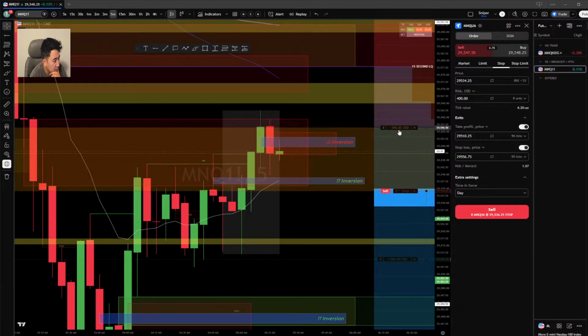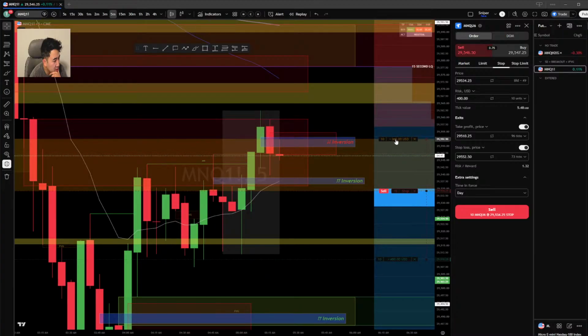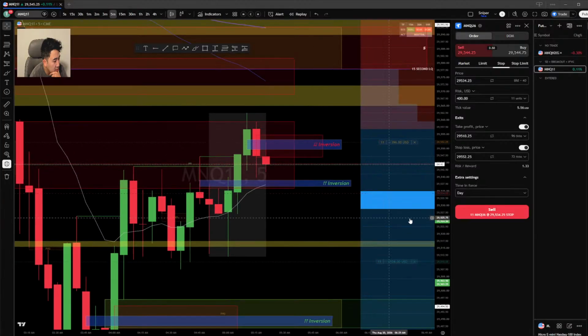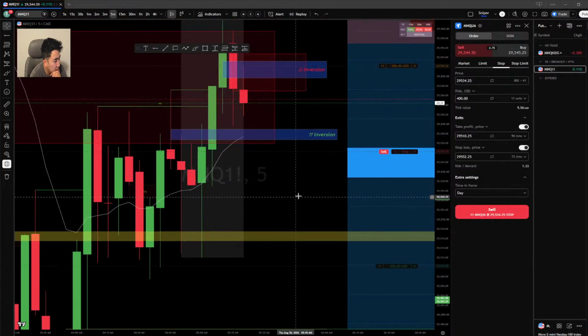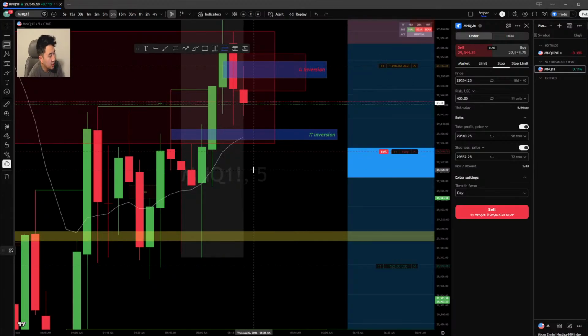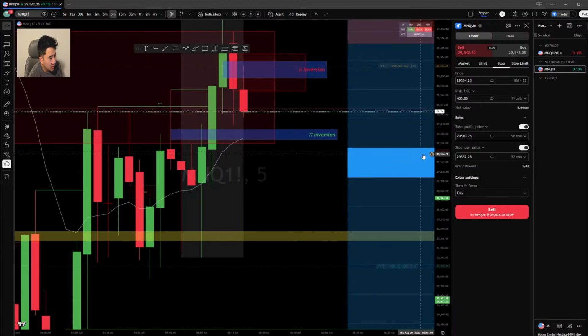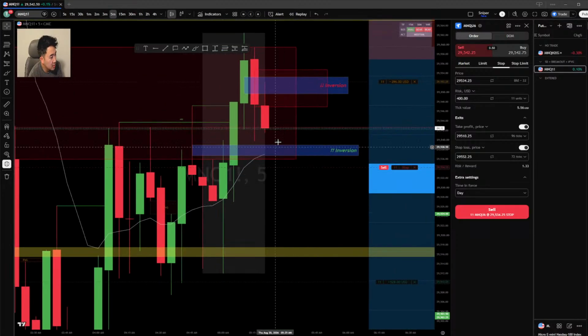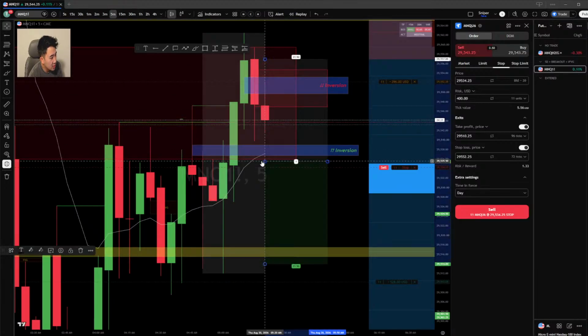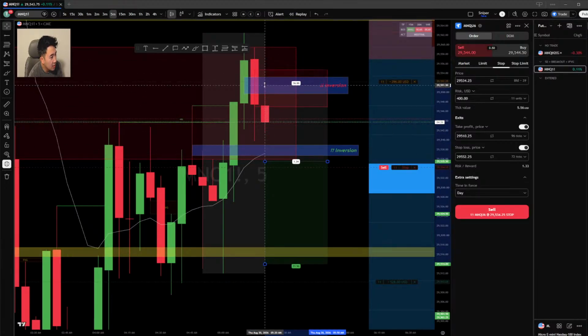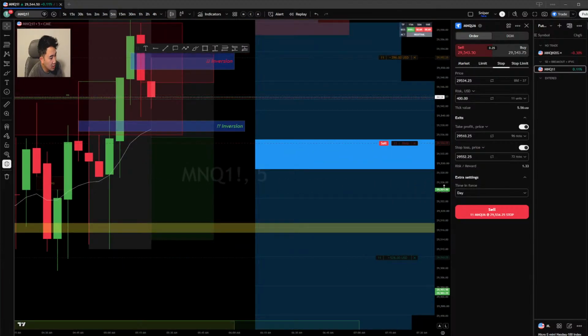All right, so I'm gonna adjust this here. What I'm looking for price to do is this red candle to close over this 13 EMA, and then we'd look for a short position right here.